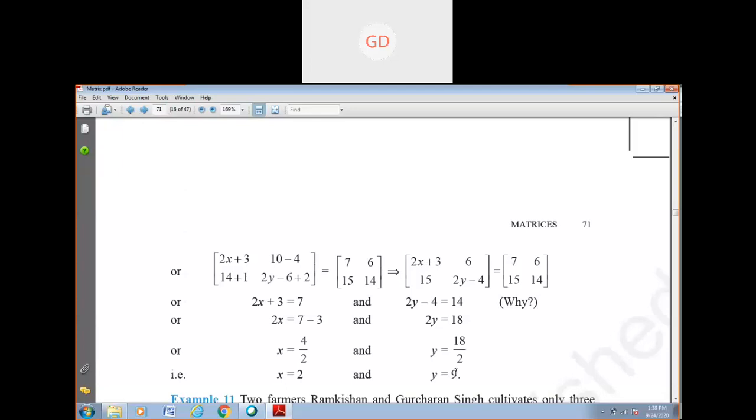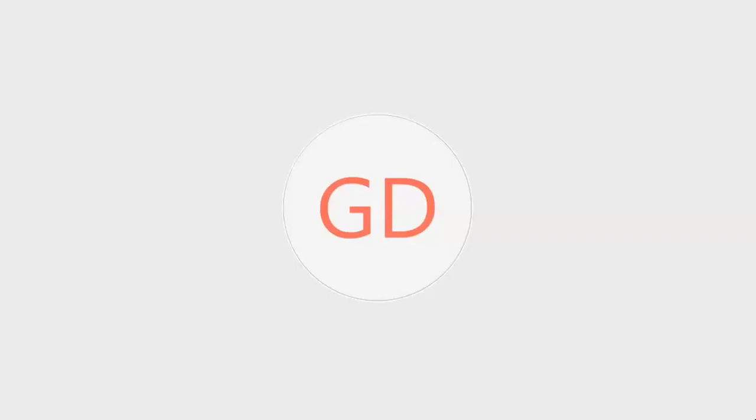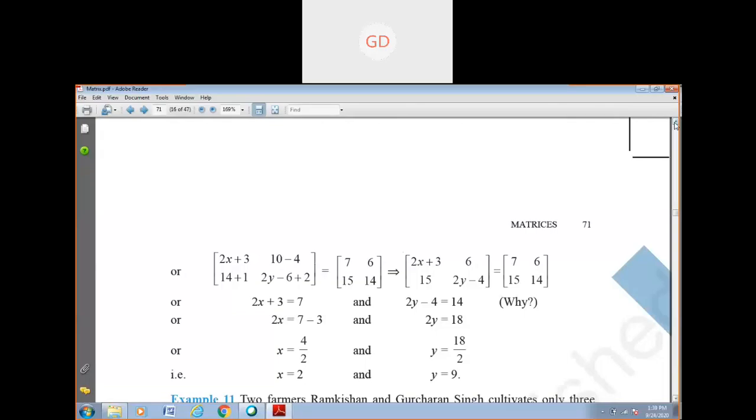Thus we are now familiar with the basic operations of matrices, that is addition, subtraction, and scalar multiplication. I do hope you have understood these basic operations, and how to handle them in simplification of matrix equations.